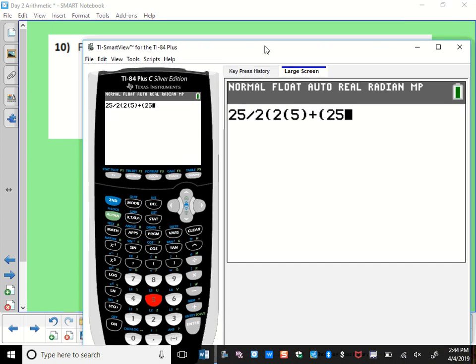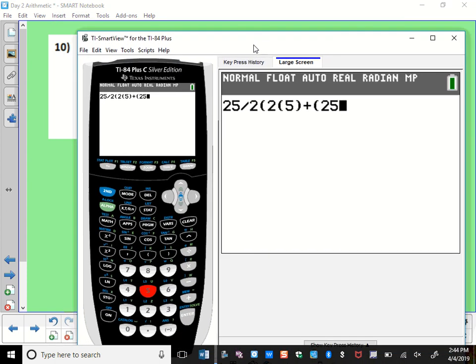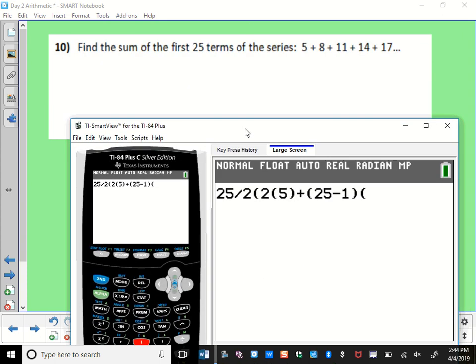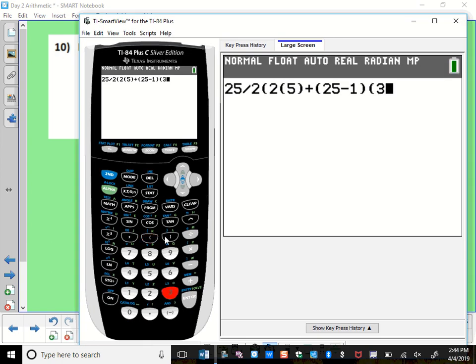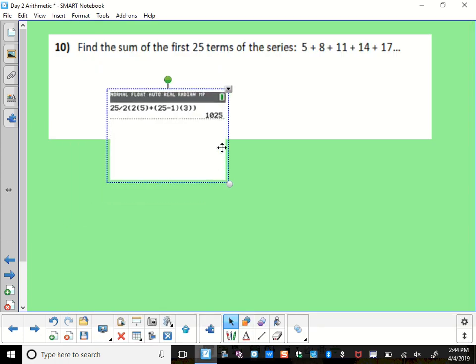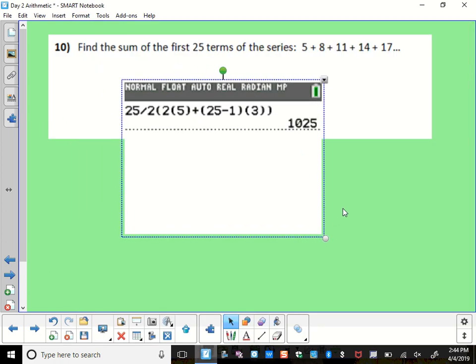No, 25, right? It says n minus 1. So 25 minus 1, because 25 is the number of terms I want. And then times, what's my difference? 3. You should get 1025. Does that make sense? All right.